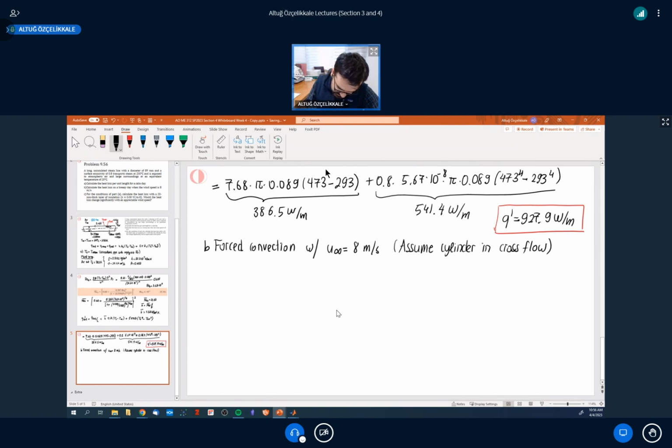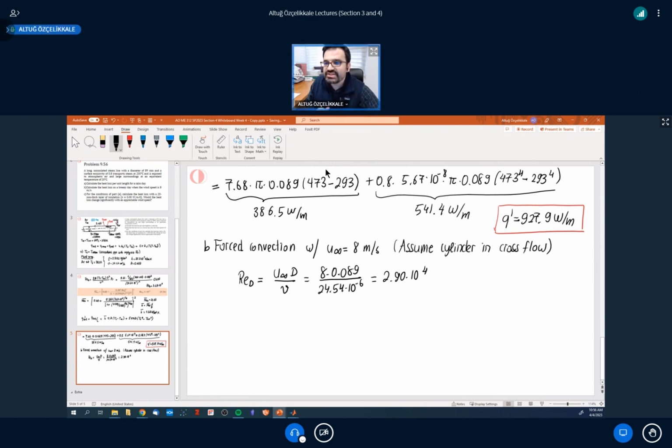So under those conditions, we are going to go back to our ME3 level knowledge and calculate the Reynolds number as infinity times the diameter over mu, and that's going to be 0.089 divided by 24.54 times 10 to the power minus 6, and that's 2.90 times 10 to the power 4.